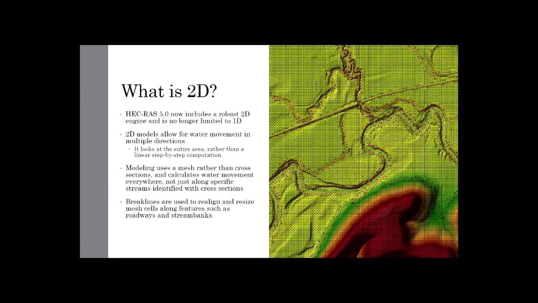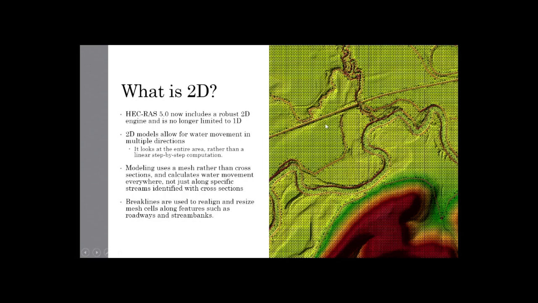So what is 2D modeling? Starting with HEC-RAS 5.0, it now includes a robust 2D engine and is no longer limited to 1D modeling. 2D models allow for water movement in multiple directions. So it's going to look at your entire area rather than a linear step-by-step computation. The modeling uses a mesh rather than individual cross-sections and calculates water movement everywhere, not just along specific streams identified with cross-sections.